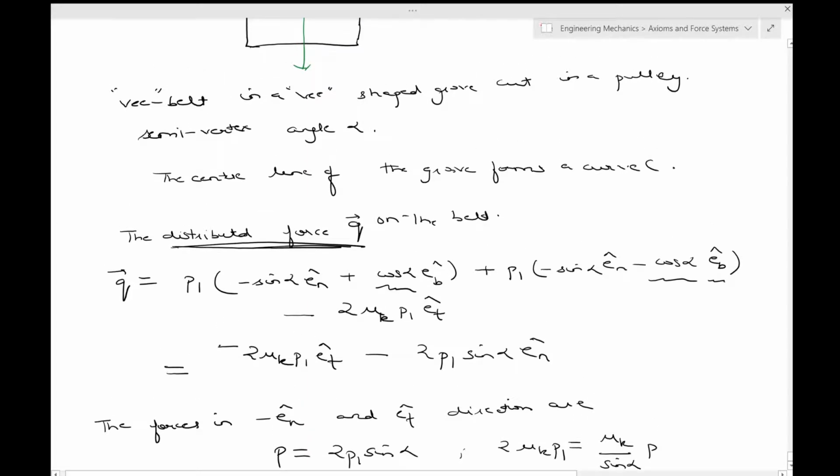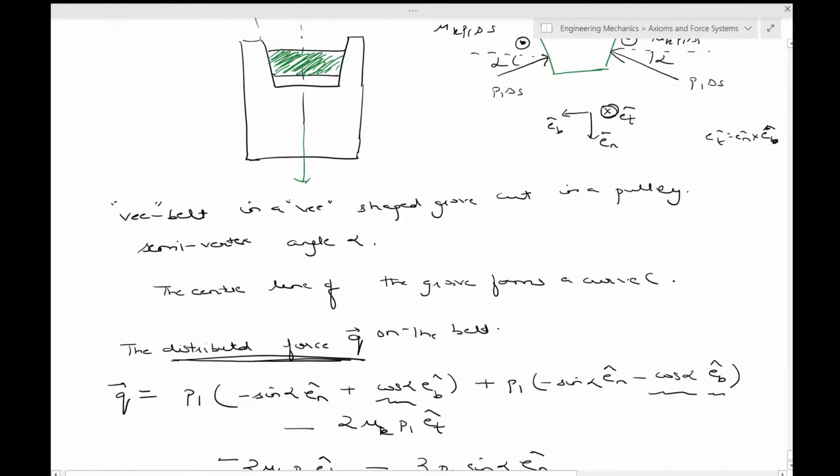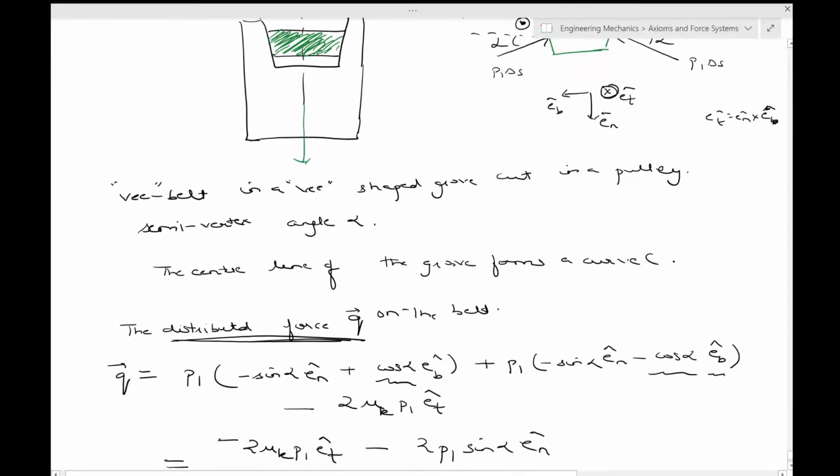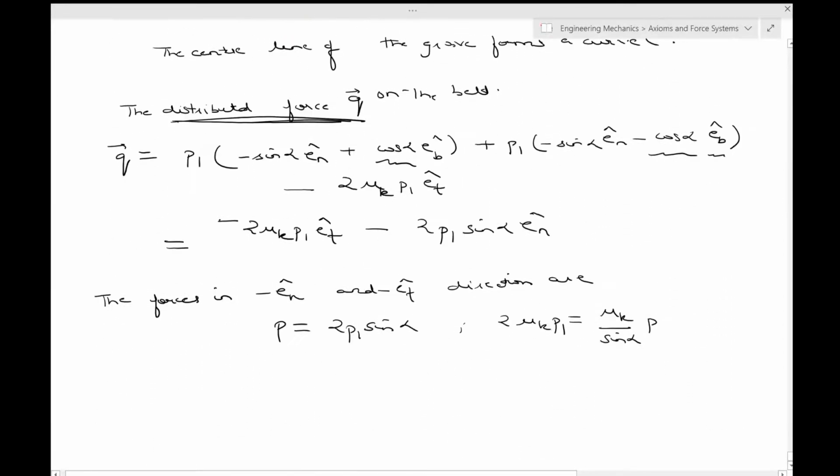And why is minus En and minus Et direction important? Come back over here. Minus En is the normal direction and minus Et is the so-called tangential or the frictional direction. So this is what we have for a V belt.